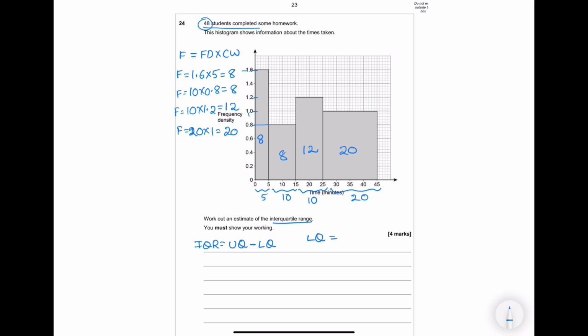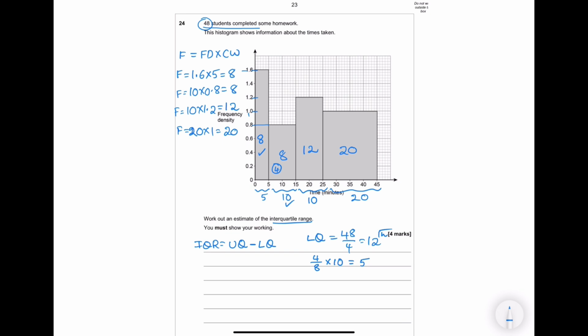To find the lower quartile, the total number of students is 48, and 48 divided by 4 gives the 12th one. So we need to look at the 12th one here. In the first bar we have 8 and we need 4 more from the second bar. 4 out of 8, as the total frequency is 8 in that bar, times the class width.